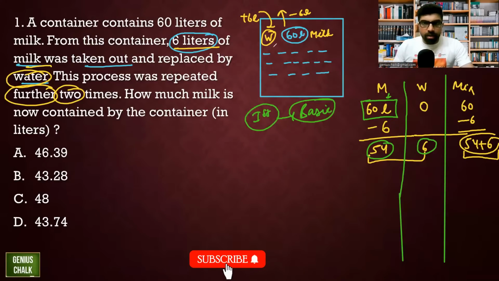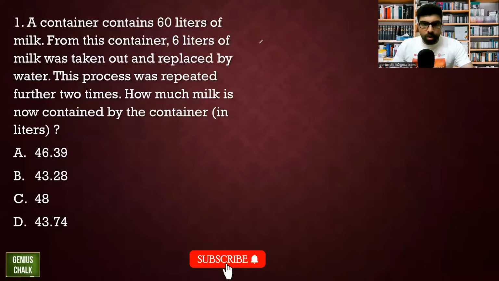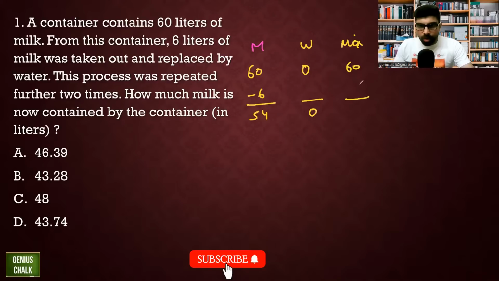This bucket had milk that was 60 liters, water 0, and mixture was 60. And after the first step, 6 liters milk was gone, 54 liters milk, 0 liters water, and 54 liters mixture is left.